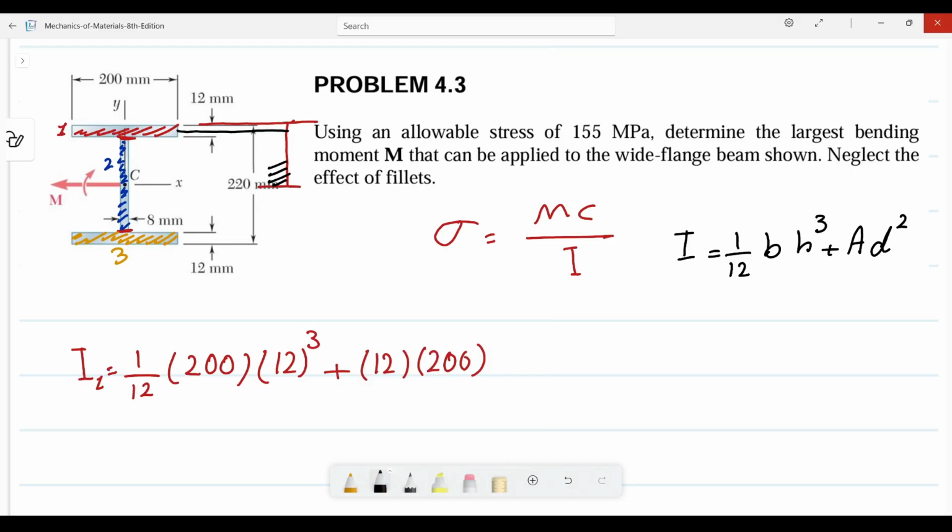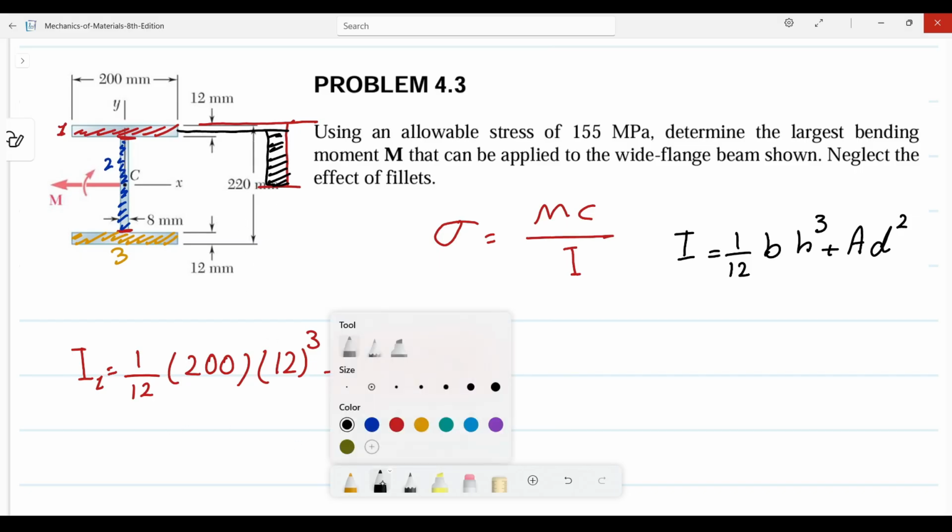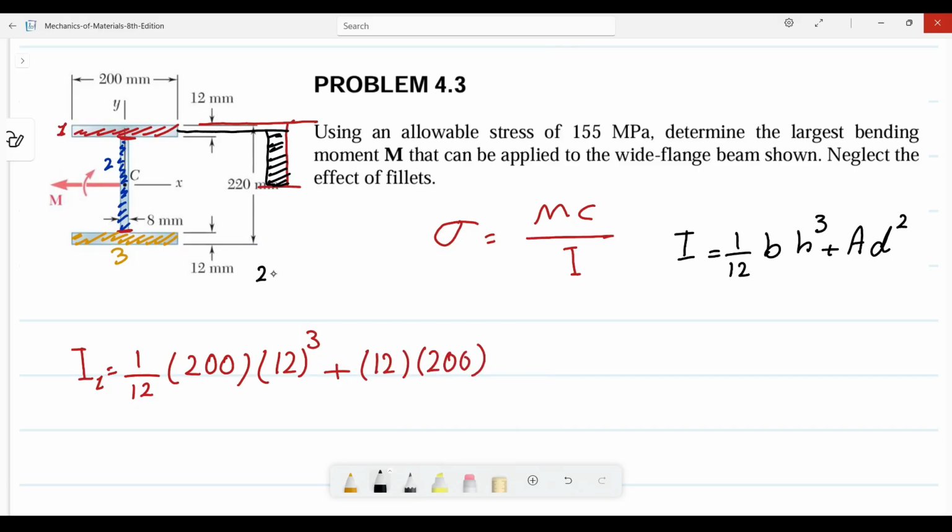It means we need this distance, which is equal to 220 divided by 2, 110, minus this part, 12 divided by 2, which is equal 6. 110 minus 6 is equal 104.